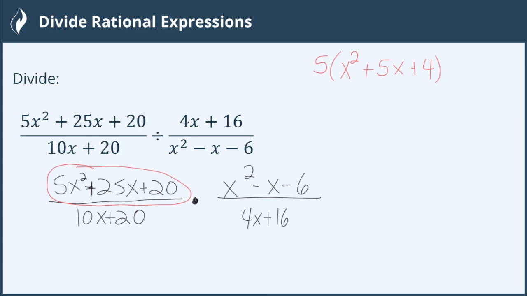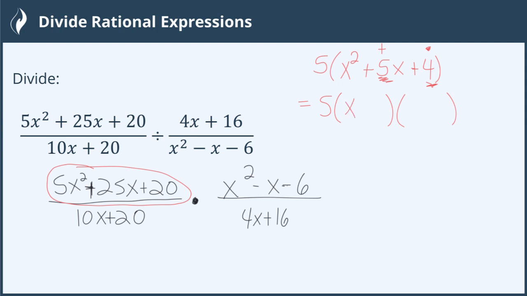The other thing that I can do here is continue factoring my part that's still in parentheses here. What two numbers multiply to 4 but add to 5? So again, multiply to 4, add to 5. Well, the two numbers that do that are 4 and 1.